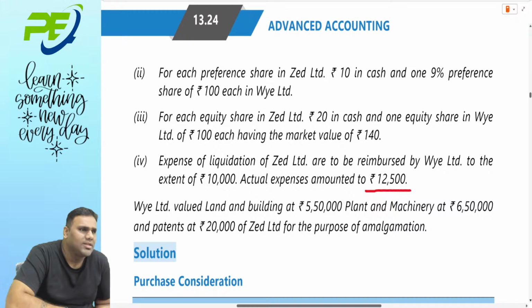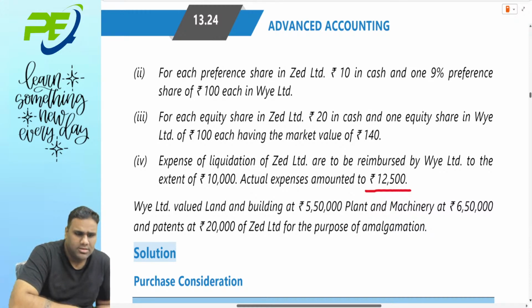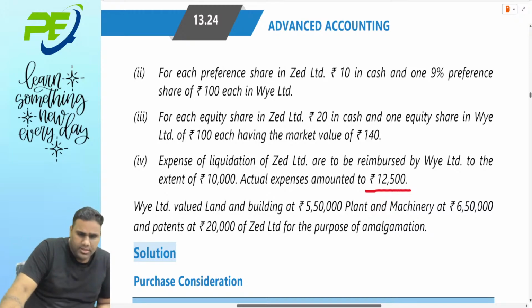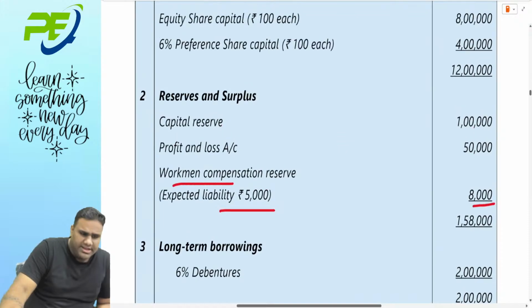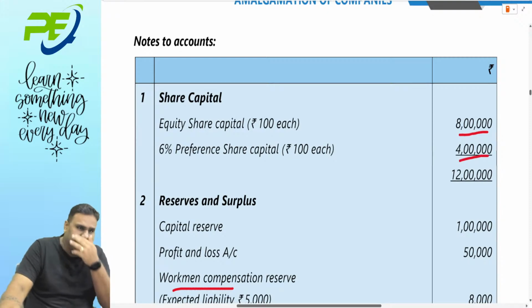Anyone with the numbers ready? Raise your hand. Okay, so at present, the company has 8,000 equity shares and 4,000 preference shares.